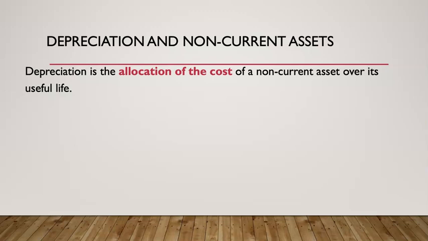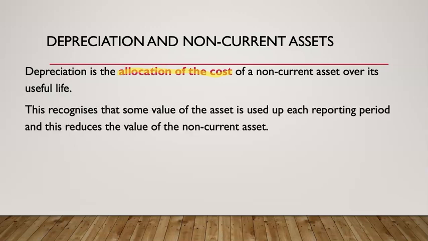Depreciation, in its technical definition, is the allocation of the cost of a non-current asset over its useful life. This recognizes that the value of the asset that we're using, that we have, a computer or a vehicle, for example, is used up each reporting period, and this reduces the value of our non-current asset.